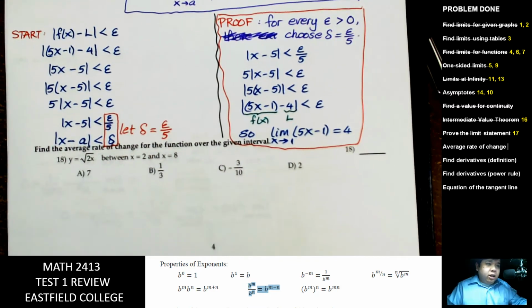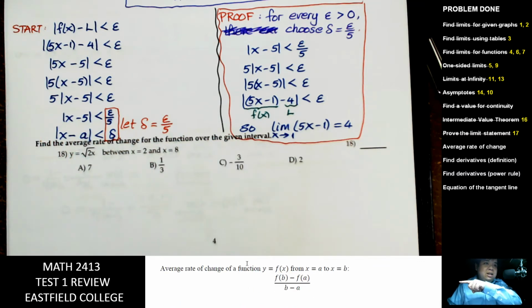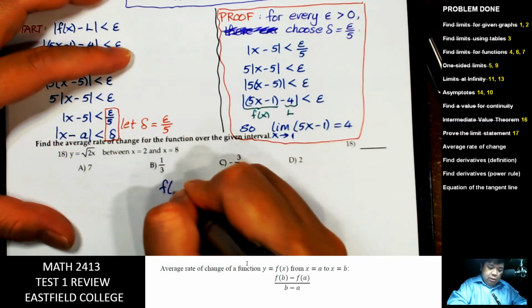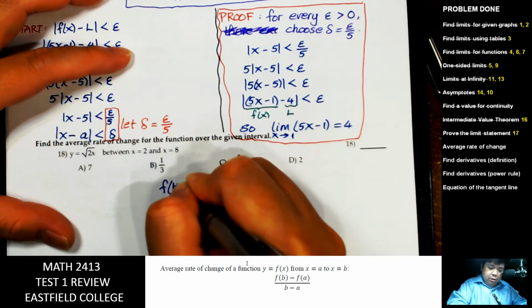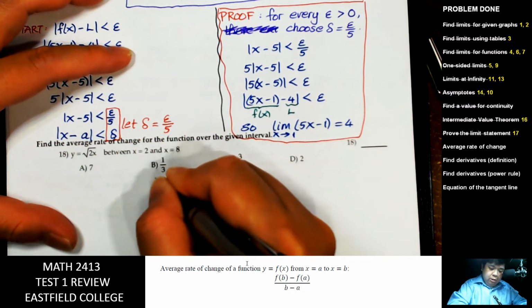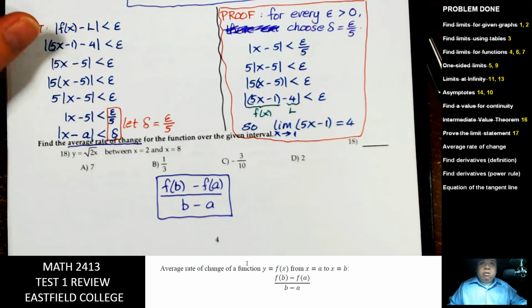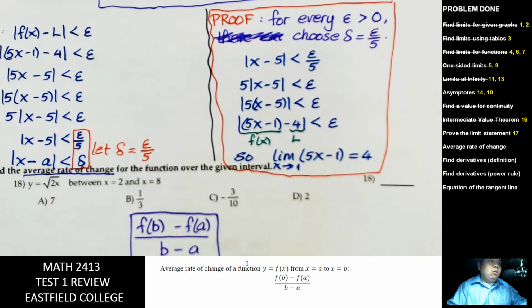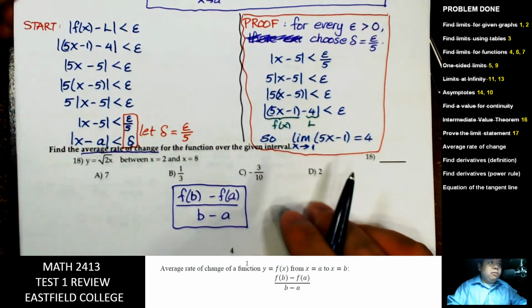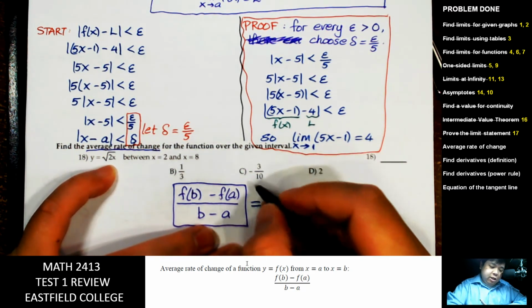Average rate of change. This will be straightforward. We have the formula on that side. Average rate of change with that formula. So this is the function, so it will be just the square root of 2x.